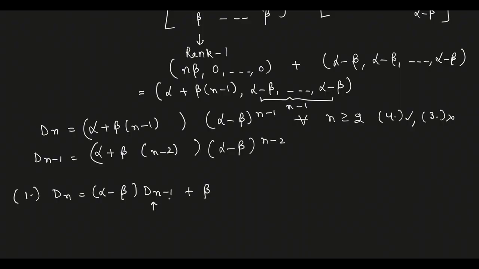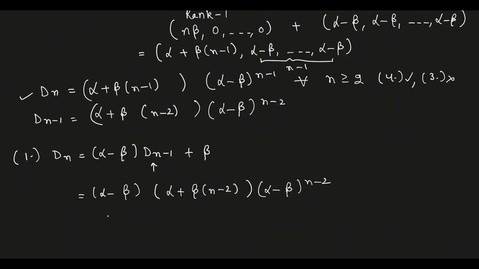We will put dn minus 1 and check whether we are getting this dn or not. So this will be (alpha plus (n minus 2) beta)(alpha minus beta) to the power n minus 1. Clearly it is not equal to this dn, right? Option 1 is wrong.